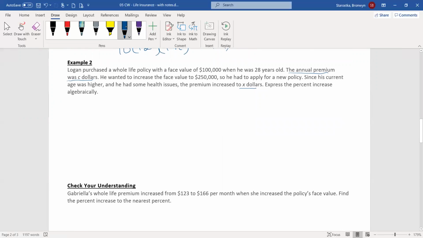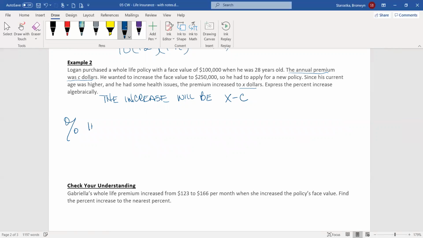So the increase was X minus C, whatever the difference is between the new premium and the old premium.